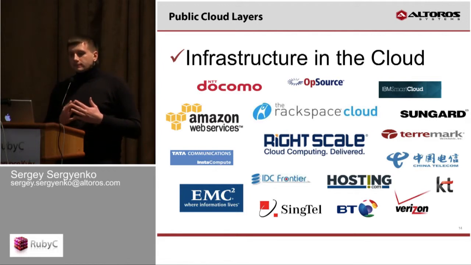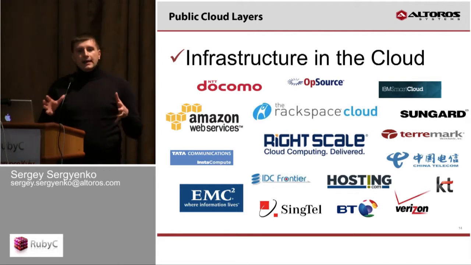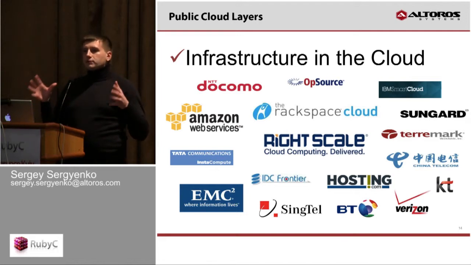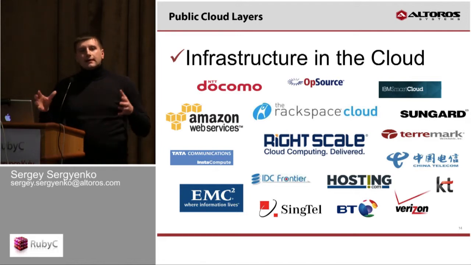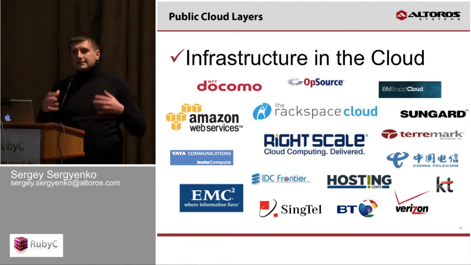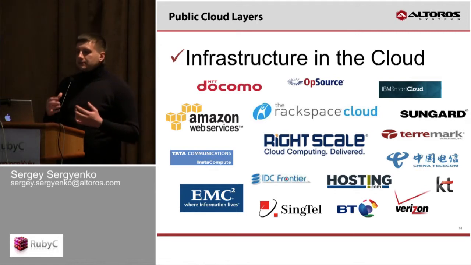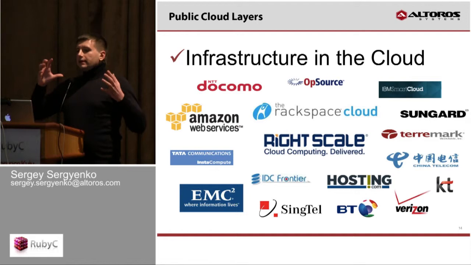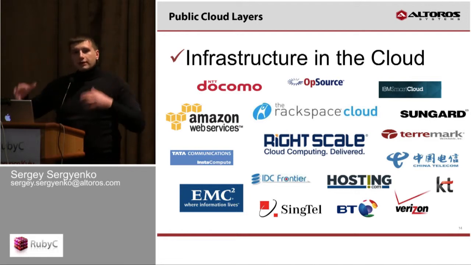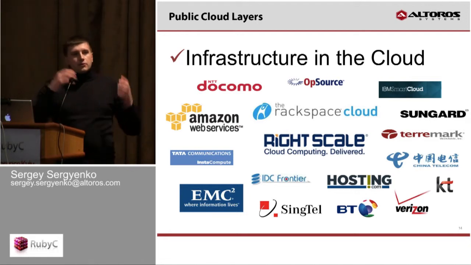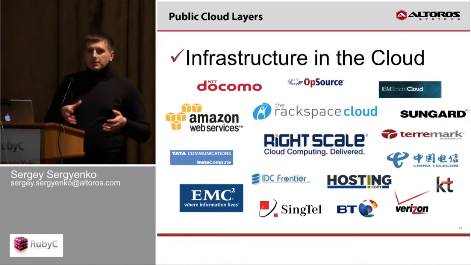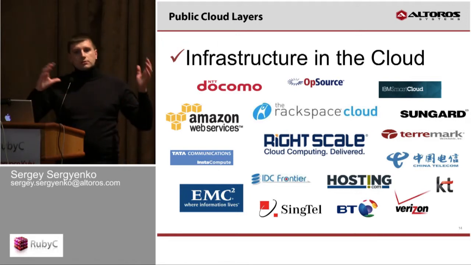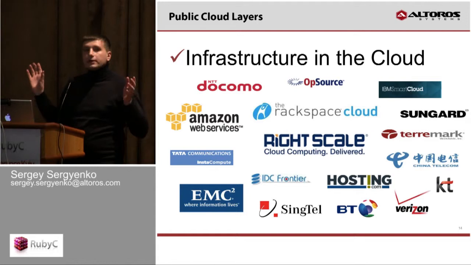That's a huge list, and in every region of the world we can get access to cloud as infrastructure. In China, we can use China Telecom. In the UK, we can use Amazon, for example. In the US, we can also use Amazon or Rackspace or, I don't know, whatever.